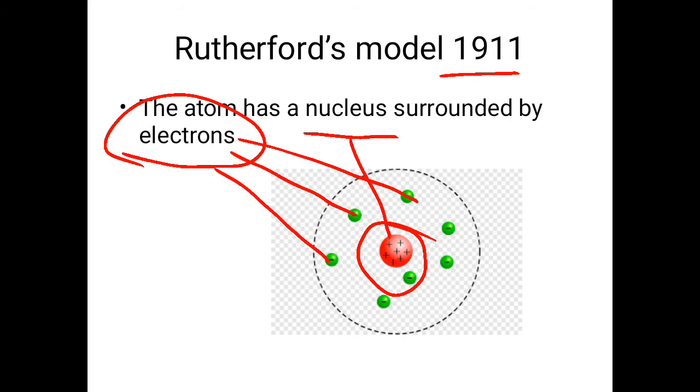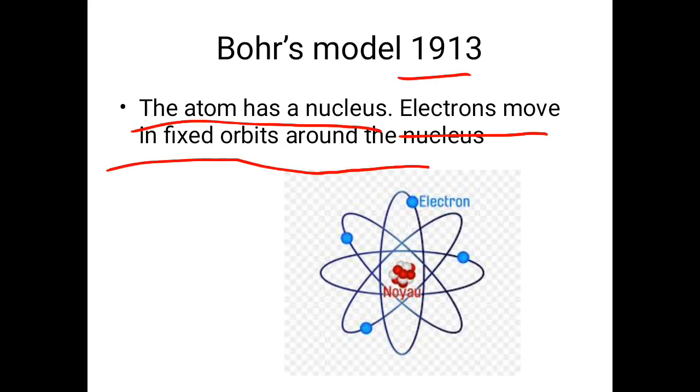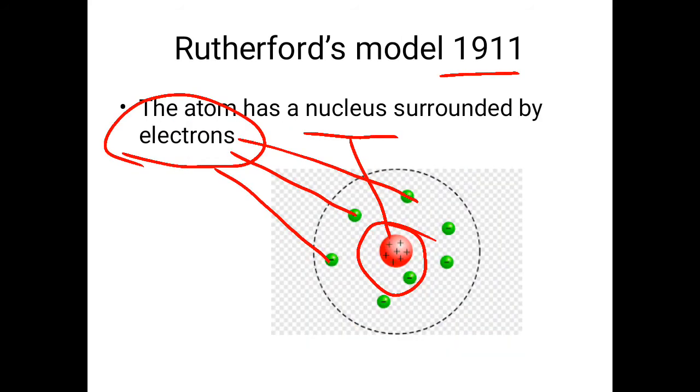The next model was by Niels Bohr in 1930. Niels Bohr made his model of the atom as the atom has a nucleus and electrons move in fixed orbits around the nucleus. So here we see the Rutherford model.